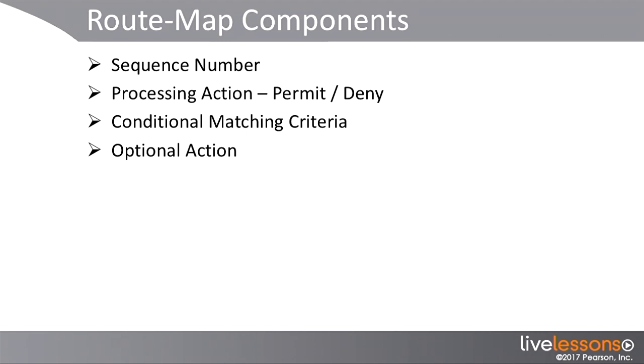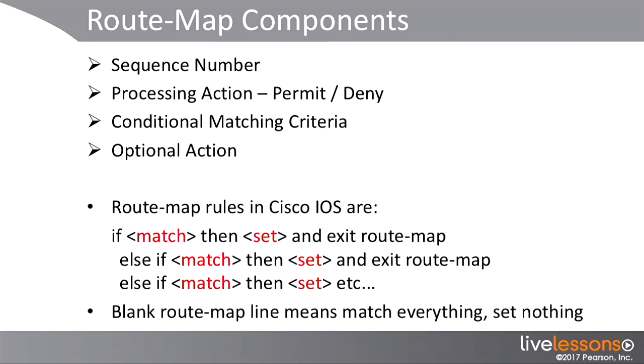Conditional matching criteria helps you perform various actions on certain attributes. Say you want to set local preference for the prefixes in a particular range of subnet. You can use the match criteria to select them, and the action component to perform the set operation.